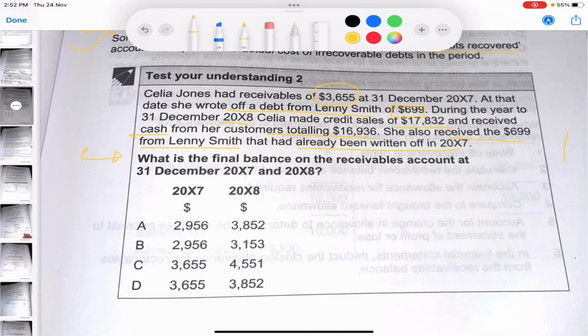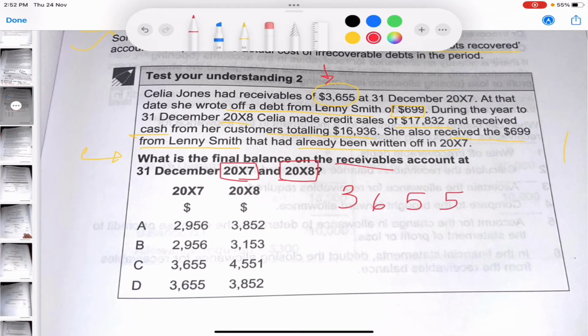Let's write the final balance of 2007 and 2008 on the receivables account. So let's first do 2007. How many receivables did she have in 2007 initially? She had 3655 initially.